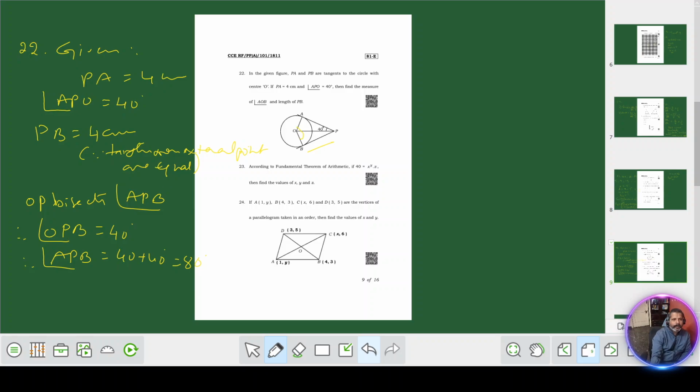Now, OAPB is a quadrilateral. Now, apply the angle sum property of a quadrilateral. Let's see. I'll write here.